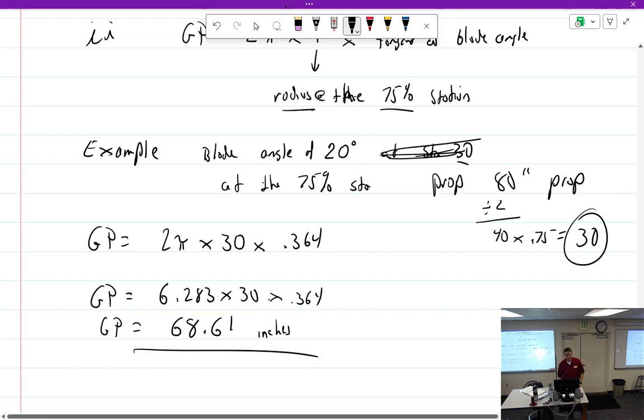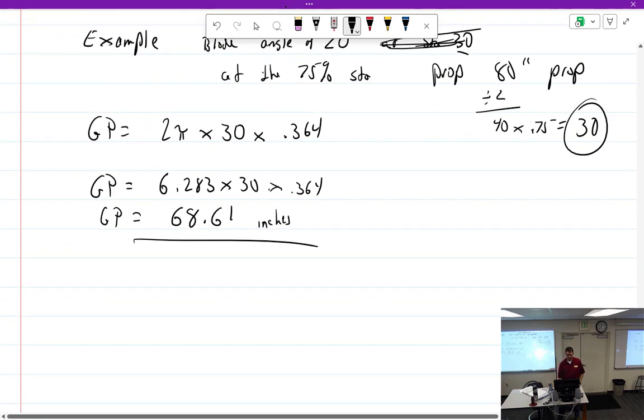The plane moves 68.61 inches forward for every rotation of the prop. Almost 6 feet every time it turns around. Theoretically. In theory. So that is called the geometric pitch.